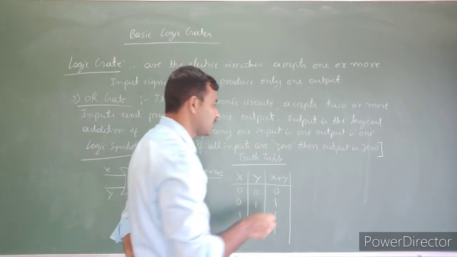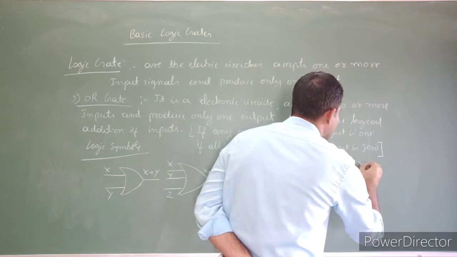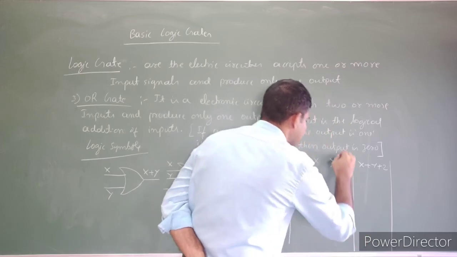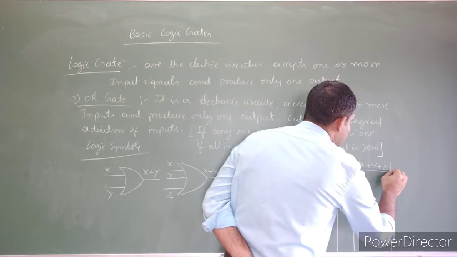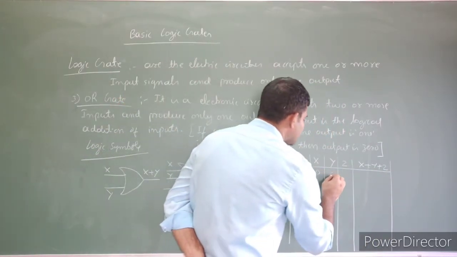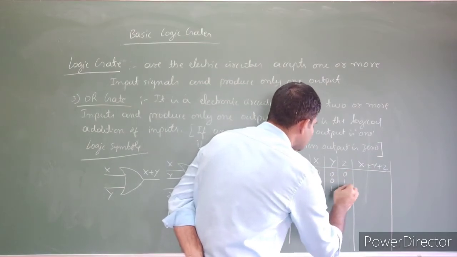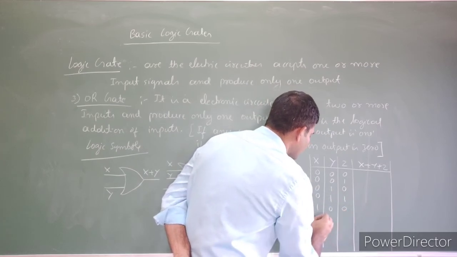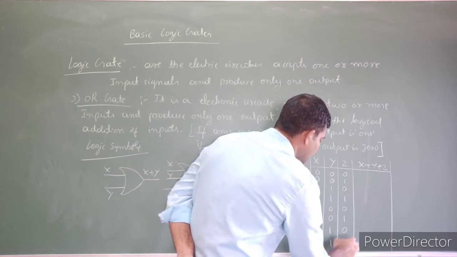If it is 3 variables, say x, y, z, output is x plus y plus z. The combinations are 000, 001, 010, 011, 100, 101, 110, 111.